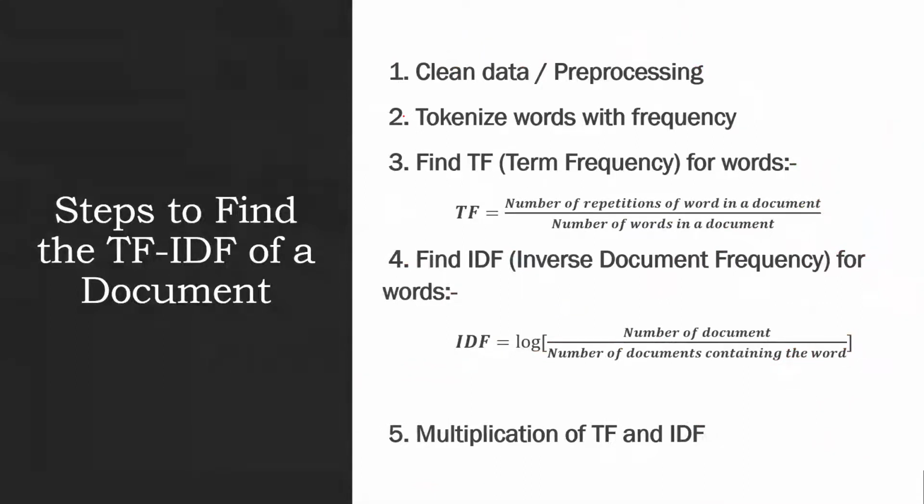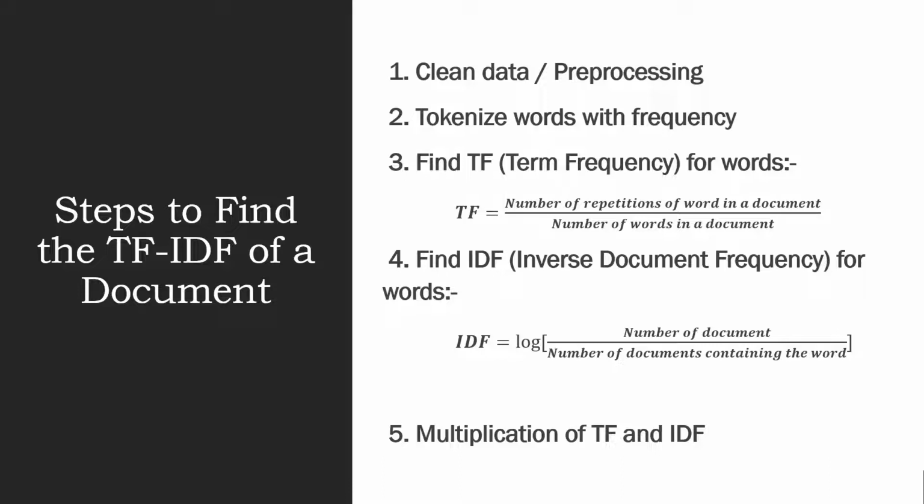Okay, now we will look at step by step how you can calculate the weight. First of all, whenever someone provides a paragraph or document, you need to clean the document. Similarly, whenever we do data mining, we do pre-processing. Here, we need to clean the data, clean the paragraph.